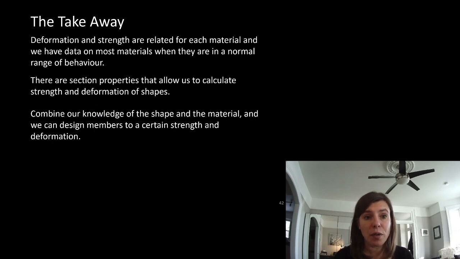So our section properties S, Z, and I. And actually, for axial forces, we used area a lot. So that's 4 different shape properties: area, S, Z, and I, which are just properties that have to do with the shape. We can combine our knowledge of the shape and the material, and then we can design members to a certain strength and a certain deformation.